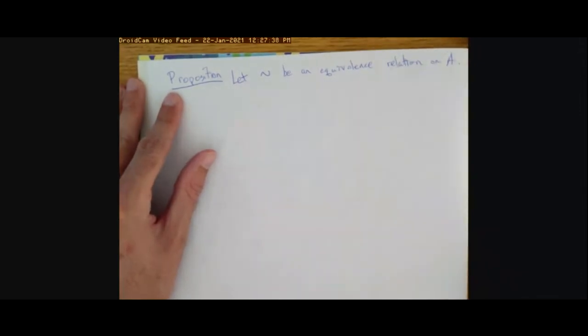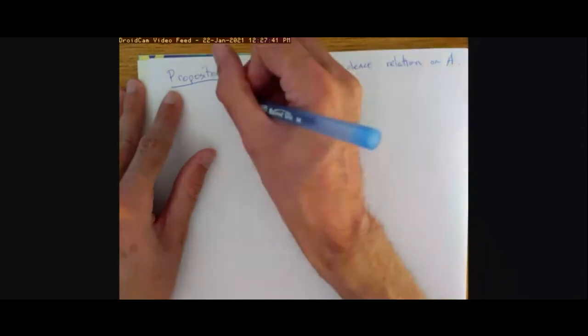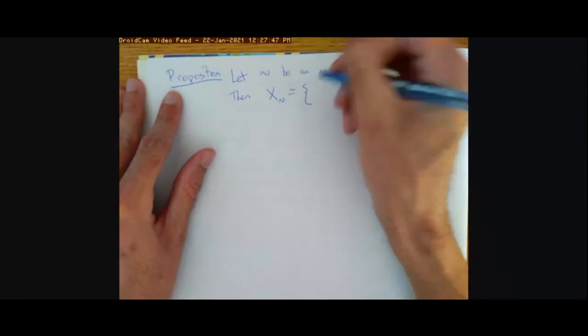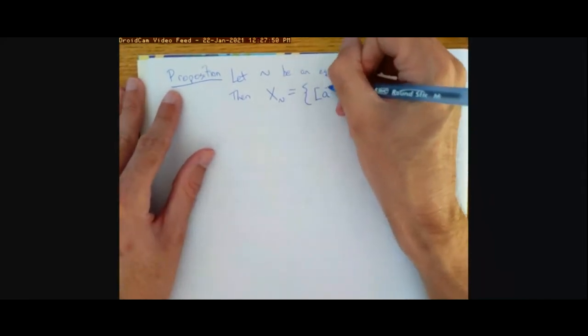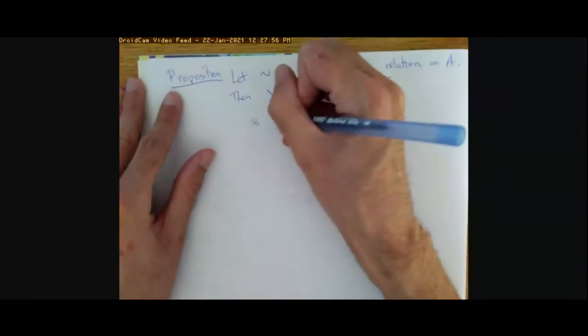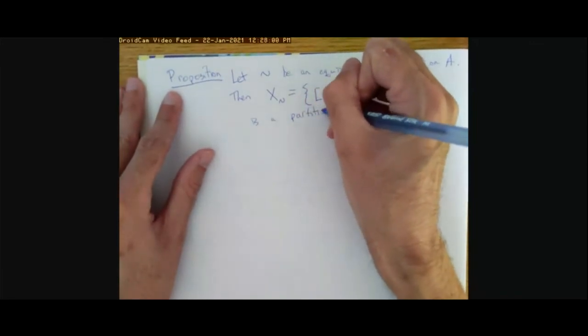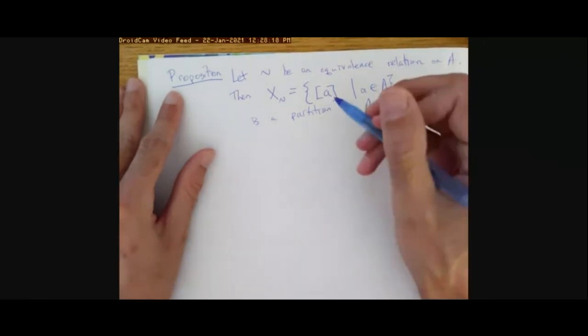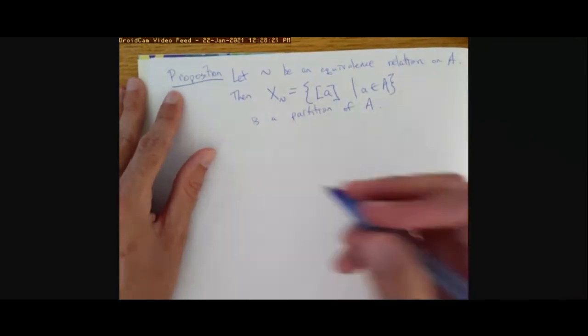Say I have an equivalence relation squiggle on A. Then X sub squiggle, which is just the set of all the equivalence classes, is a partition of A. We're not going to prove this, but I think it's worthwhile to do part of the proof, which is to show why different equivalence classes are disjoint.